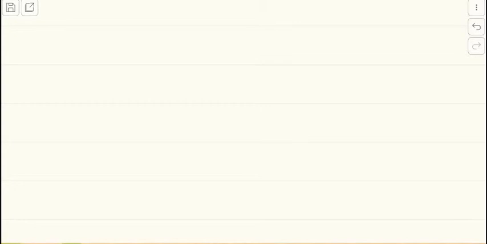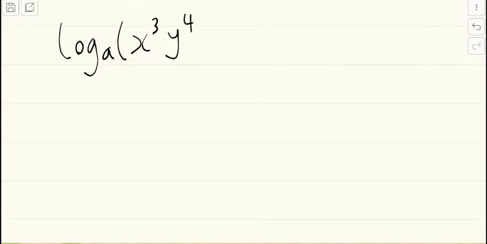Let's take this example. Let's take log to the base a of x cubed y to the 4 z. Okay, so if you'd like to pause it and have a go, I'm about to have a go now, and I notice that there is the multiplication law which we can use first.